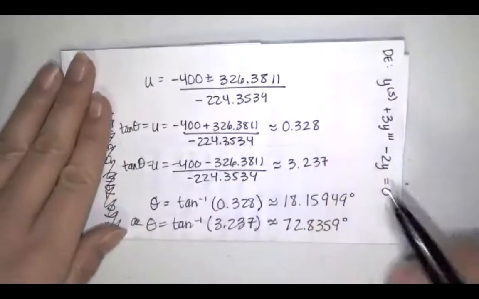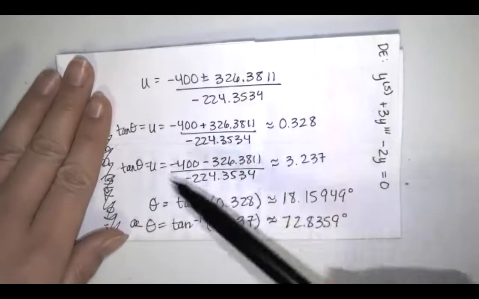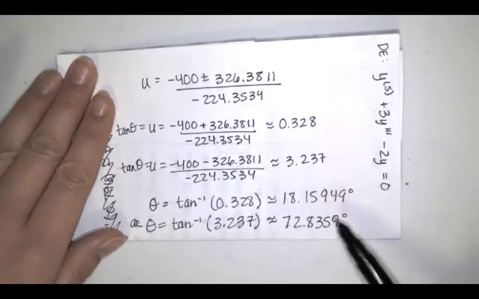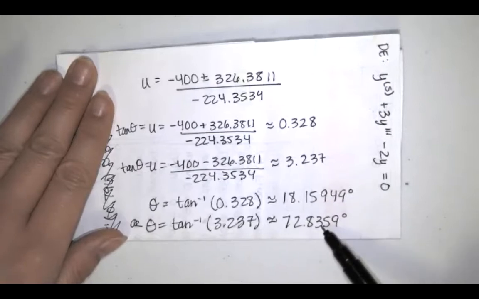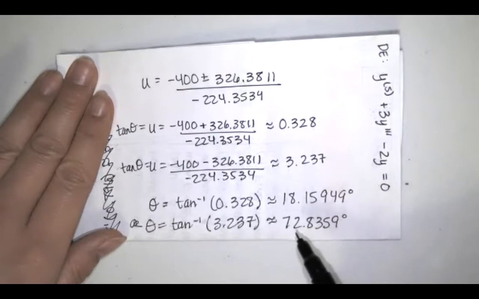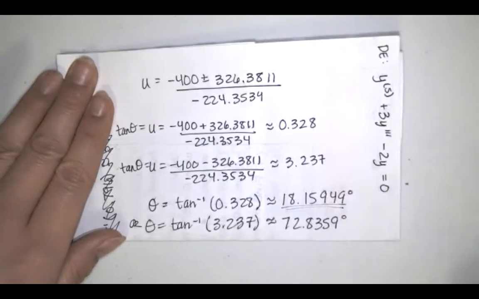Okay, so I entered these into my calculator and I got these two values. In order to get theta back, I took the inverse tangent of both of them, and then I got these two angles. The smallest angle that will give us what we want is apparently this 18.159.